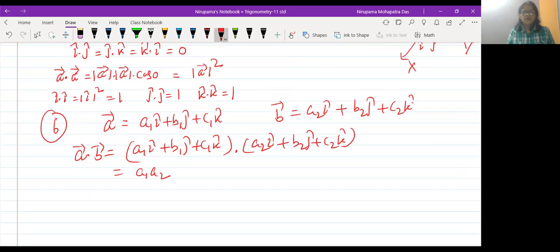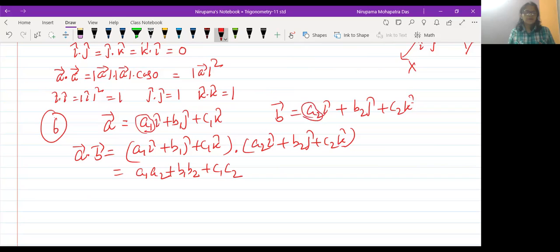Now here B1 B2, j dot j is 1. Similarly, you are getting C1 C2. Okay. So it means whenever you are getting the dot product of two vectors, we are taking the sum of the products of the direction ratios, the scalar components. Right?